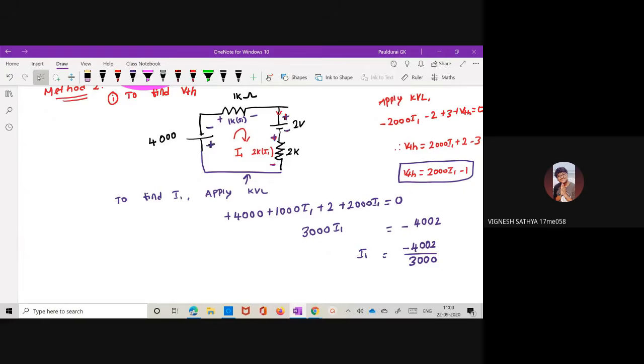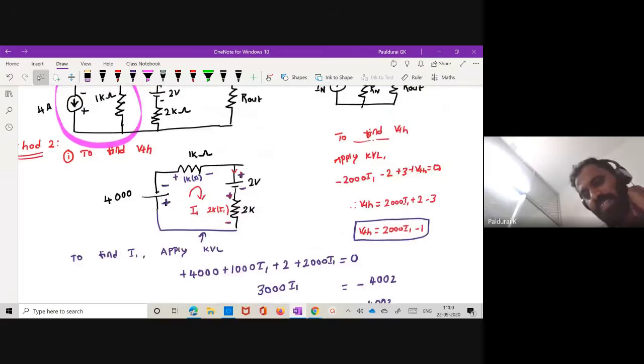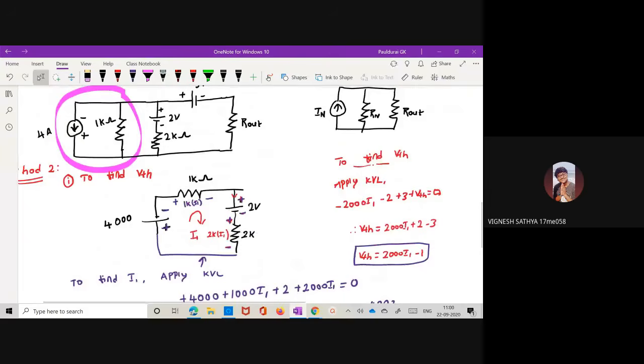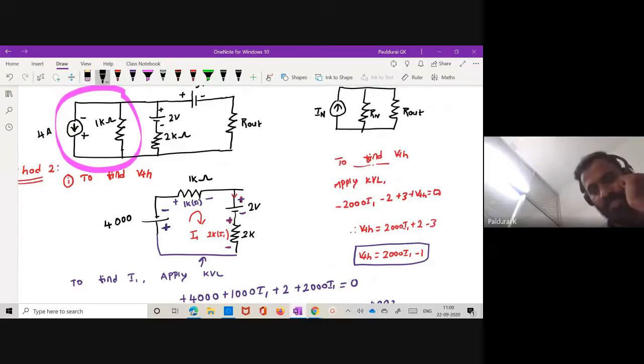Sir, please tell how you wrote that first equation. Which one? Find VTH. Yes sir. Okay, what I had was a plus minus. Here the voltage I have is VTH plus minus, right? This is my 3 volt actually. Since this circuit is open, current is 0, but in an open circuit there will be some voltage, and that voltage is my VTH. Okay, I want to calculate this unknown VTH.